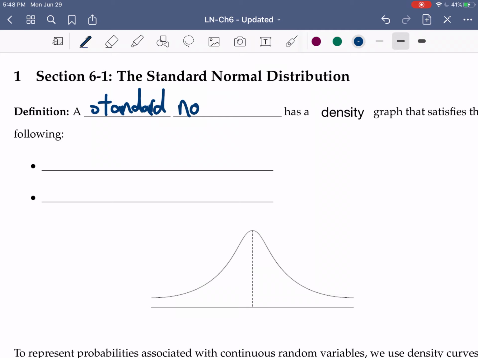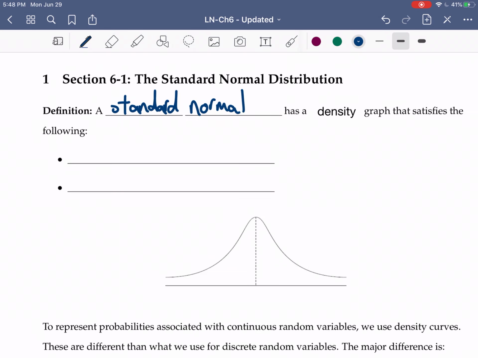Well, a standard normal distribution has a density graph, and we'll talk more about density graphs in a minute, but it has a density graph that satisfies the following.